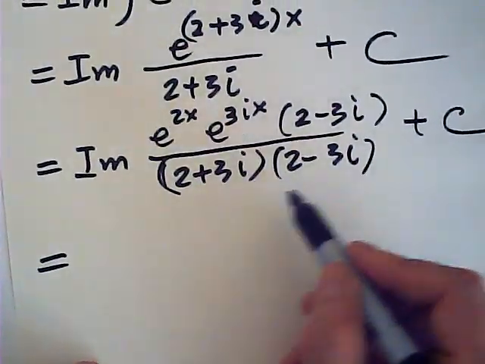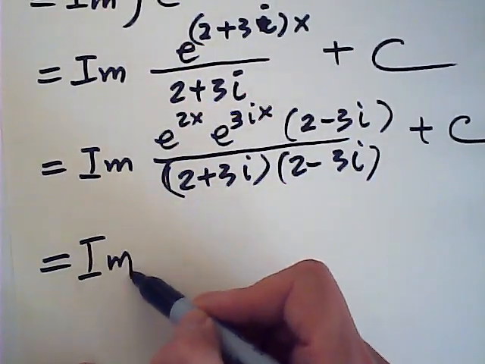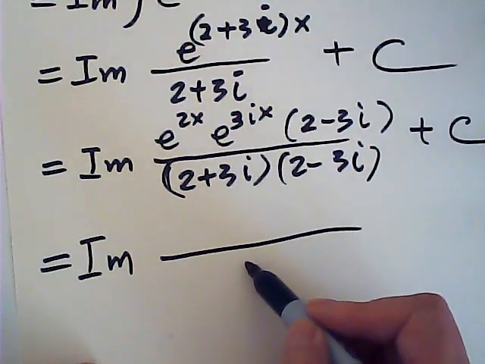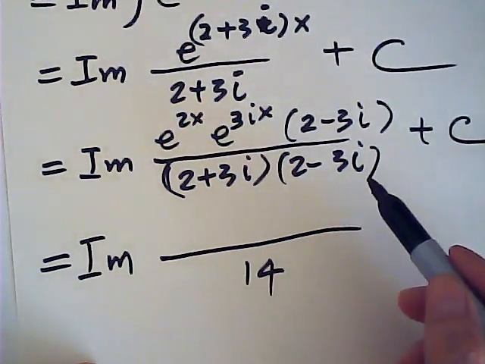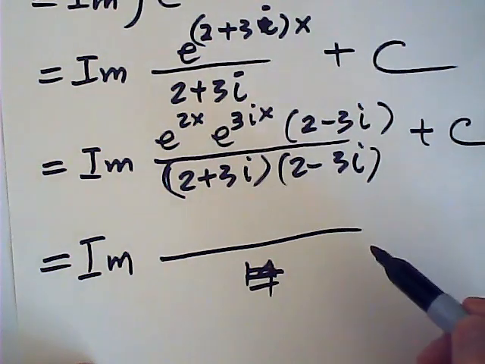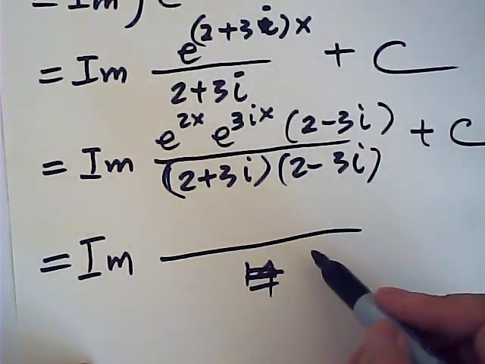And then just a straightforward calculation, this will be 13, 4 plus 9 is 13.